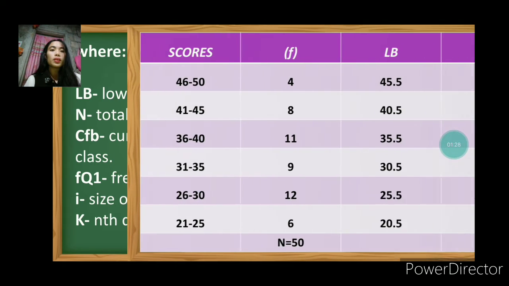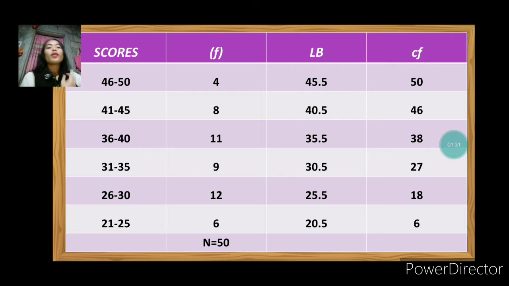So next, for example, we're given here the data. We have scores, the frequency, the LB, and the cumulative frequency. The scores and the frequency are already given, so we are the ones who will solve the LB, or the lower boundary, and the cumulative frequency. I will show you how we will get the LB and the CF.